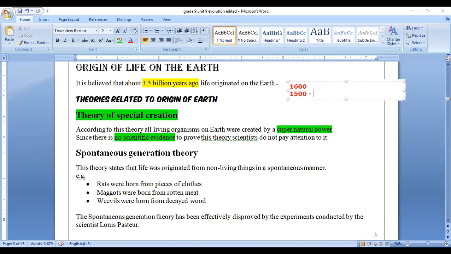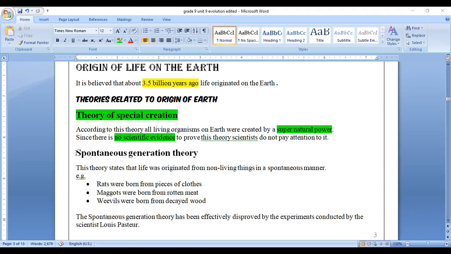In the same way, they didn't know the existence of God, so they don't accept it. If they didn't know, will they accept it? No, sir. That is the problem of the theory of special creation.